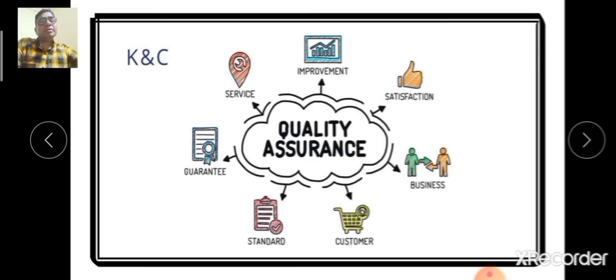Now here, quality assurance results in the improvement of service, satisfaction of the customer, good business, maintenance of good standards, and the assurance of guarantee. And thus, these concepts in quality control must be maintained in every process.